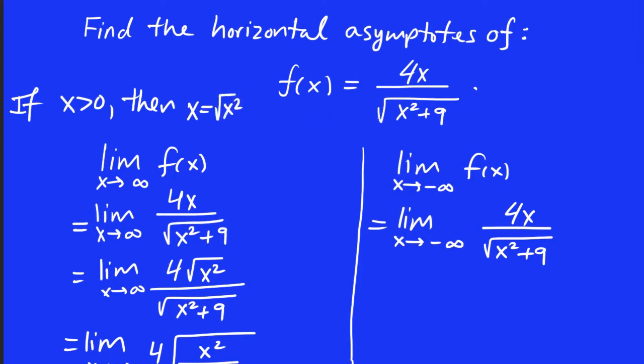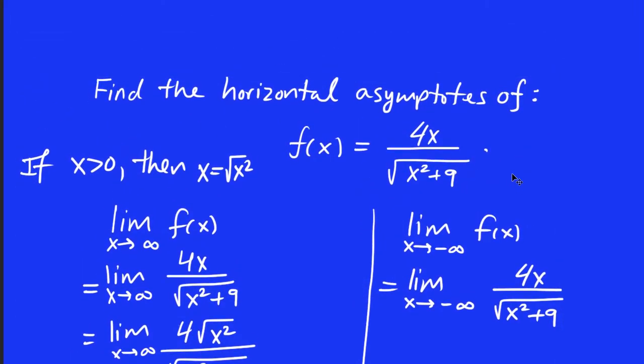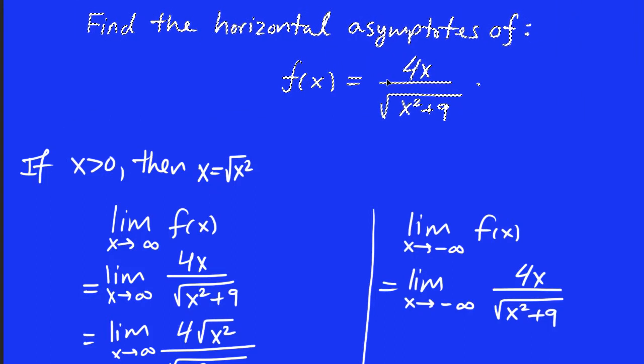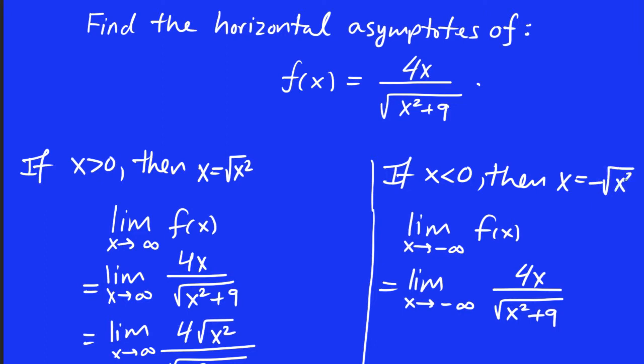And what about in the other case? Let me get myself some more room here. All right, what about this case? If x is negative, what can we say? Well, then x is actually equal to minus the root of x squared, right?